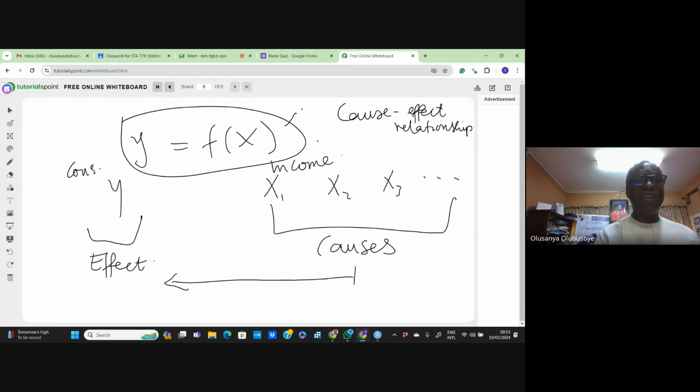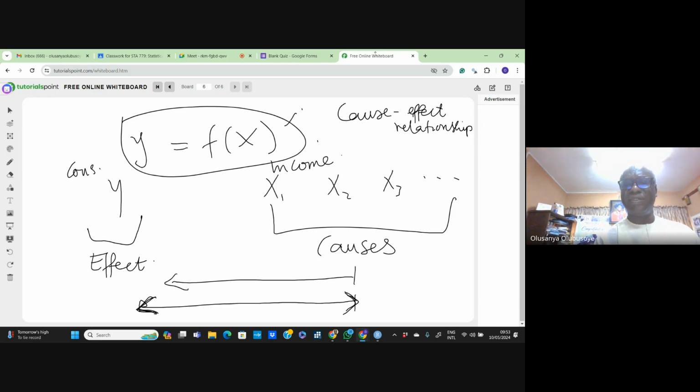Now we could have a relationship that is both ways. So it's from cause to effect and also from effect to cause. This is both ways. So this is causal. Causal is two directional.